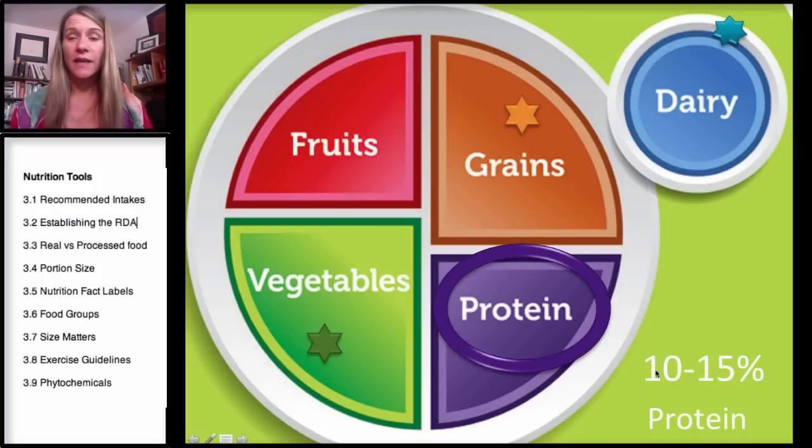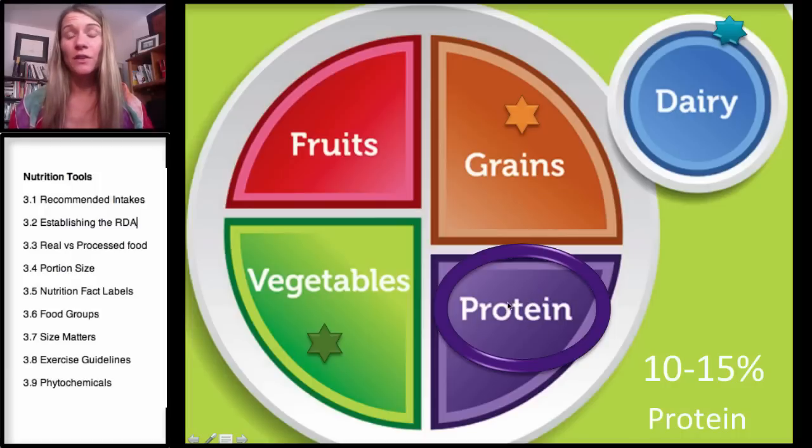And this is for protein. Remember, it's 10 to 35% is the recommendation. You want to focus on about 10 to 15% of your diet from protein. And getting plant protein is definitely fine if you're not a meat eater. We generally think of meat, fish, and poultry giving us most of our protein.